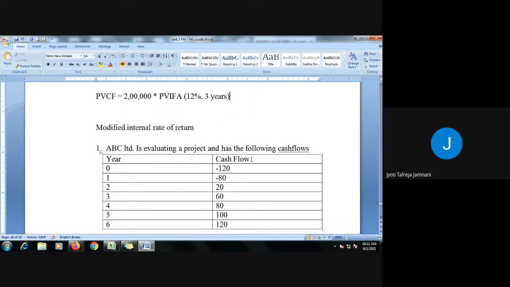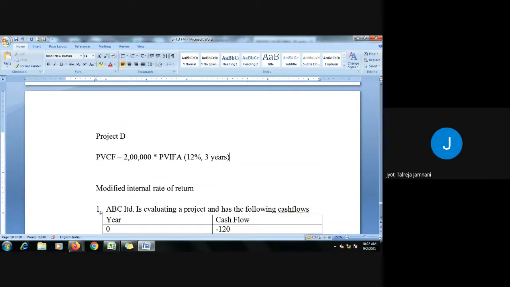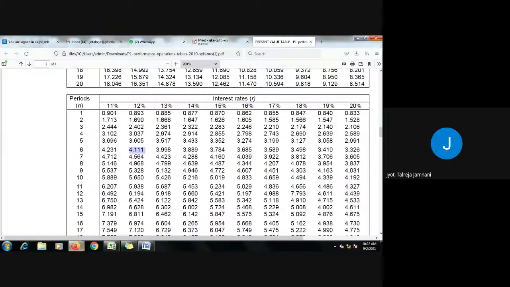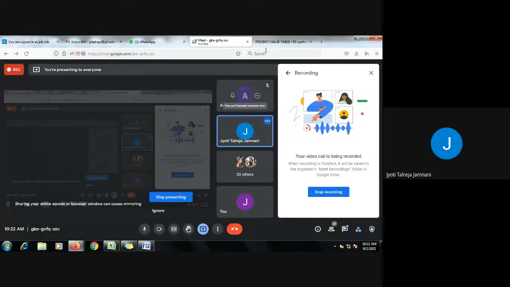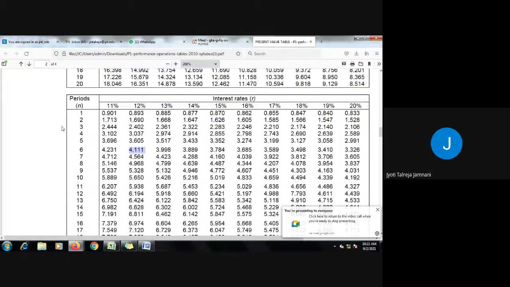Let's look at the table. We need 12% for 3 years, which is 2.402.